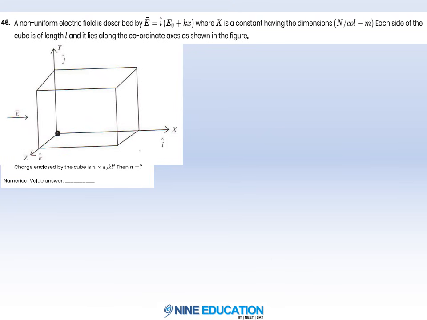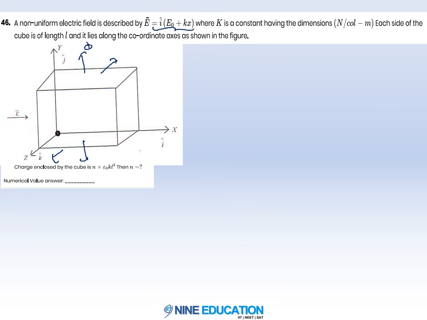So in this question what is given? A non-uniform electric field is given, and since the electric field is in i cap direction, remember this thing, the electric field is in i cap direction where k is a constant. Each side of the cube length is given, it lies along the coordinate axis. All right, so since the electric field is in i cap direction, the electric flux due to the front face and the back face is 0.